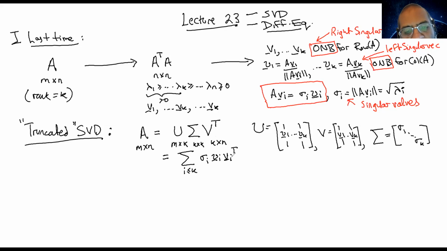The ui vi transpose are not orthogonal projections because the u's and v's are not actually the same, so they're not literally the matrix of an orthogonal projection. But the vi's are orthogonal. So in that sense, when you multiply a vector x by V transpose, it is getting decomposed into components along an orthonormal basis for some subspace.